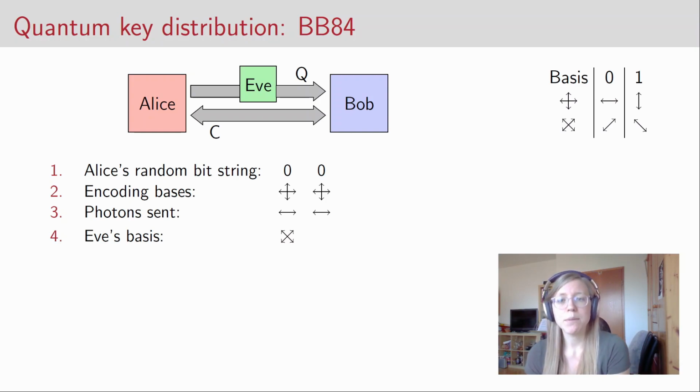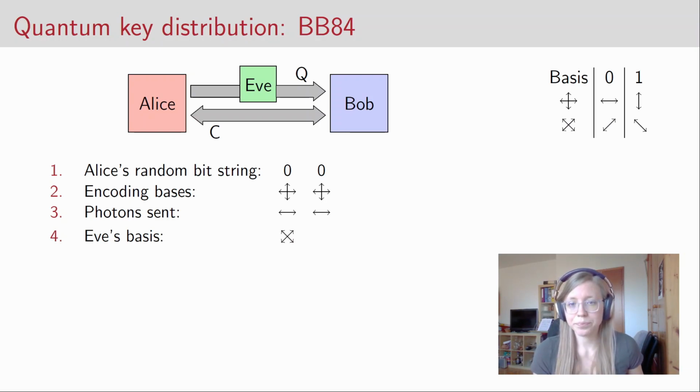Okay, so Eve intercepts the communication by just measuring the photon that was sent. And here she has to randomly choose one of the bases, because she doesn't know which basis Alice has used to encode the bit. So say she chooses the wrong basis, the diagonal basis.